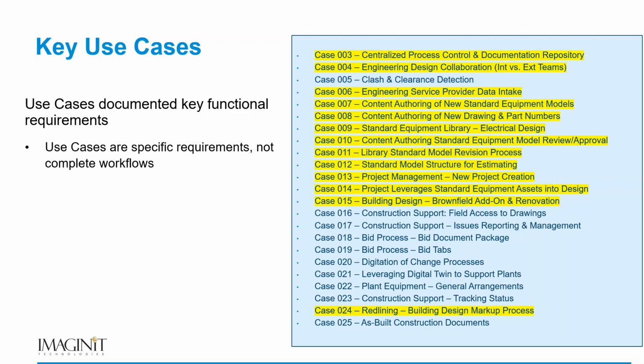Some of the common examples are the use of standard equipment models, which helps speed up design, helps reduce procurement costs, makes it faster, and then reduces operating costs.